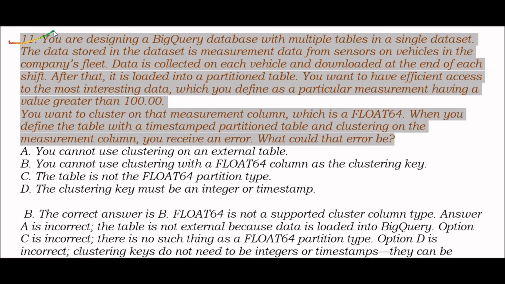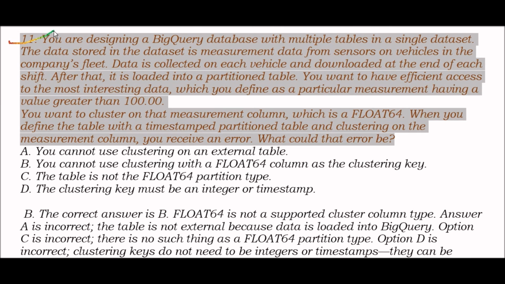You are designing a BigQuery database with multiple tables in a single dataset. The data stored in the dataset is measurement data from sensors on vehicles in the company's fleet. Data is collected on each vehicle and downloaded at the end of each shift. After that, it's loaded into a partitioned table.